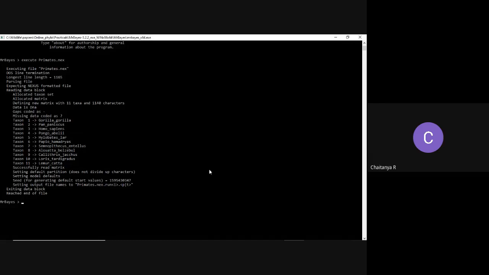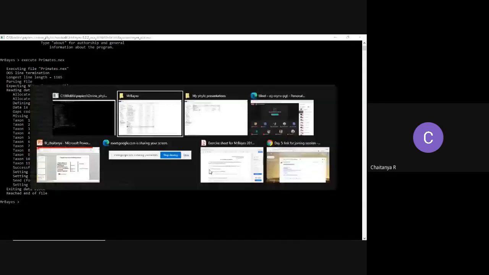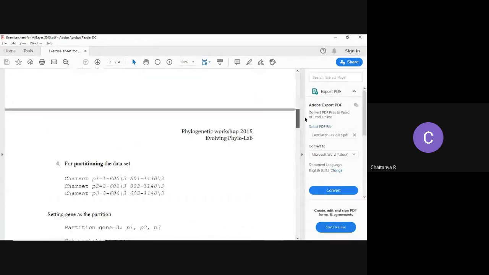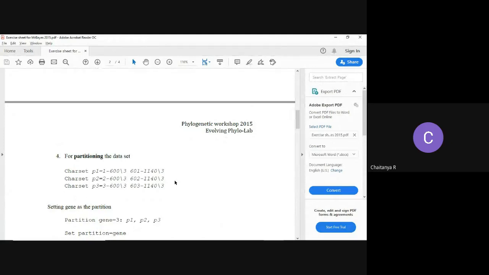Now, I'm going to revert to the exercise sheet that's been shared because, frankly, I don't remember these commands by heart, and you also don't have to remember them by heart. The exercise sheet will tell you the syntax. Okay. So we have done execute filename.nex, right? And the next step is to define partitions.